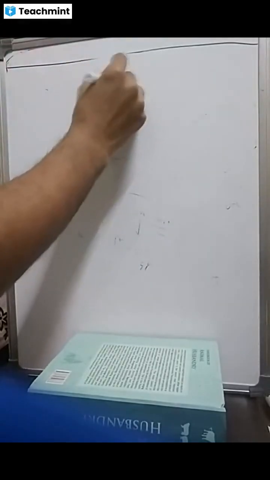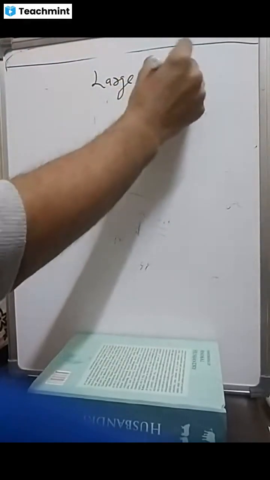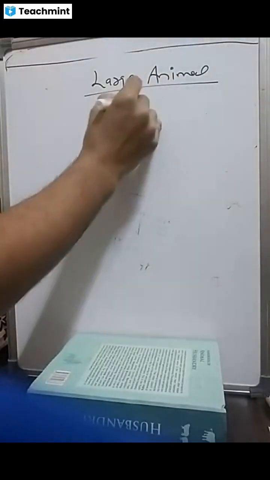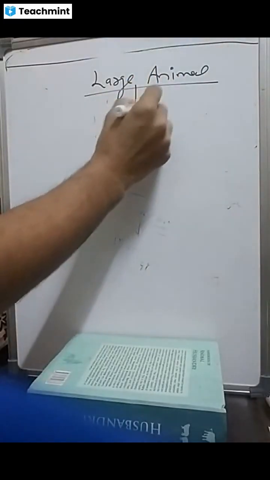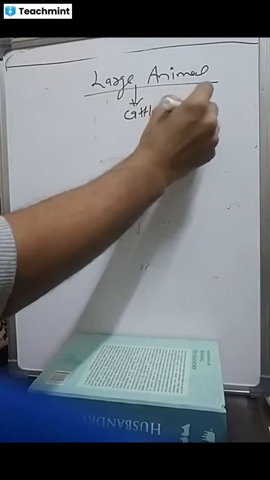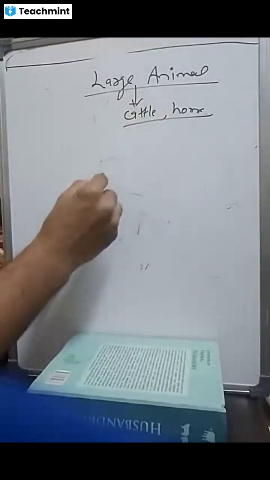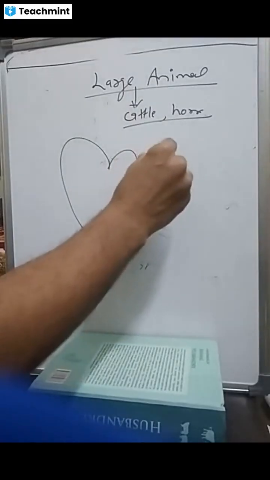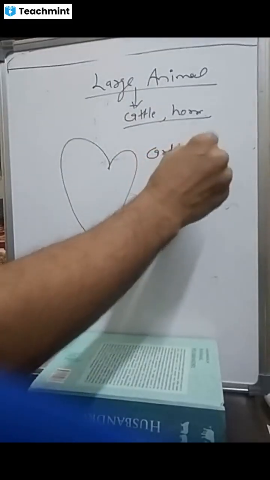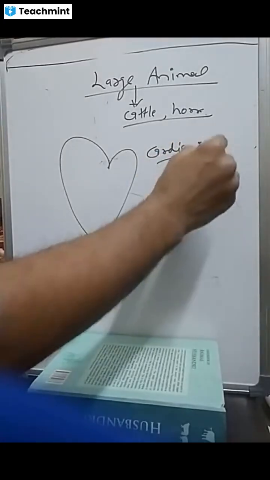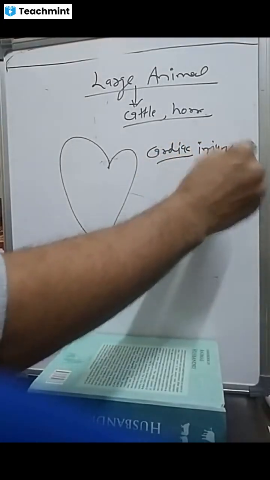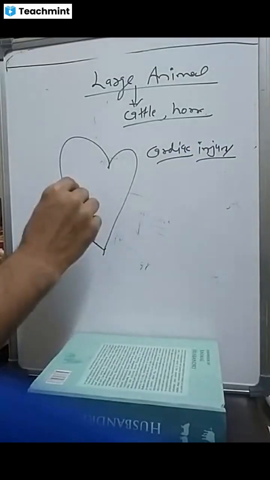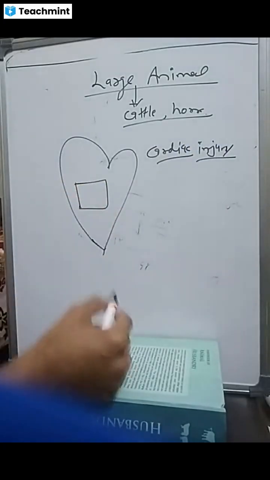Similarly, in case of large animals, like cattle and horse, what is the biomarker for cardiac injury, that is, necrosis of heart cells?